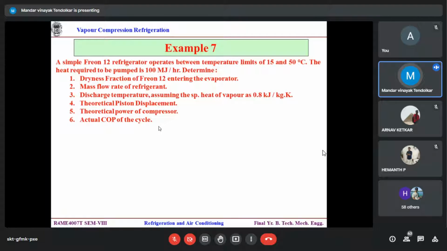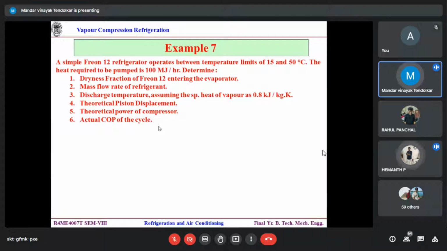Determine whatever is asked. That is okay, that is not a difficult task. What is the interpretation of the first line? Sir, it's the amount of heat to be taken away from the system, right? So evaporator.